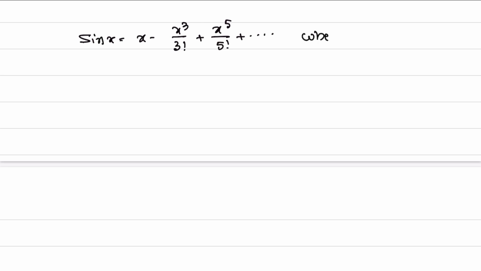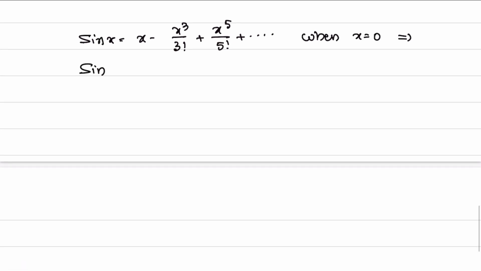When x is equal to 0, what happens? Sin 0 is equal to 0 minus 0 cube by factorial 3 plus 0 to the power of 5 by factorial 5, that is equal to 0. That means our series is compatible whenever sin 0 is concerned.